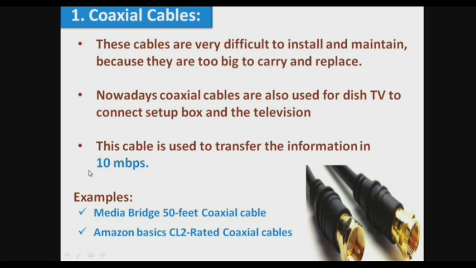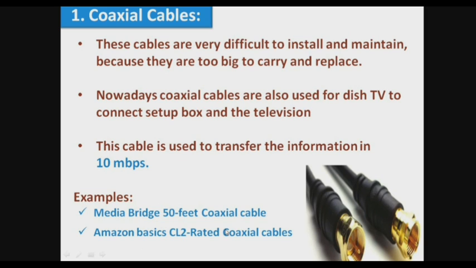So this is the data transmission speed. Coaxial cable is used to transfer data and information at 10 Mbps, that is 10 megabits per second. Various types of coaxial cables are available.